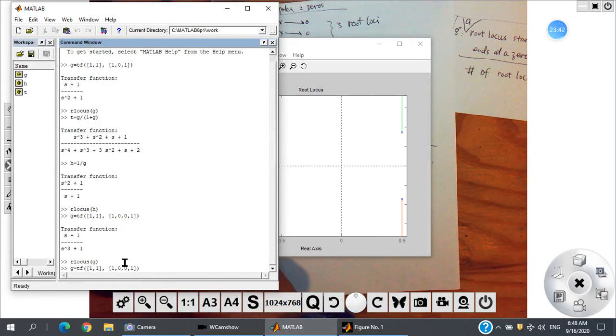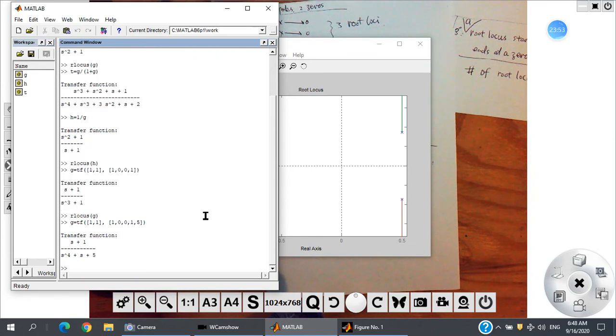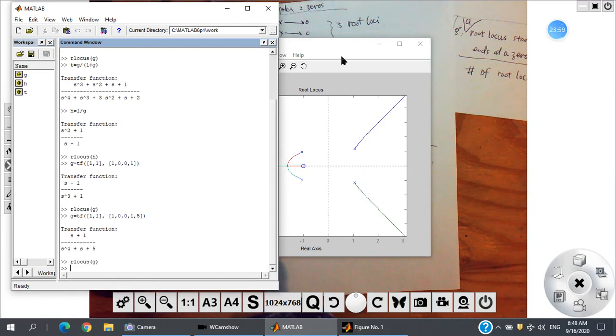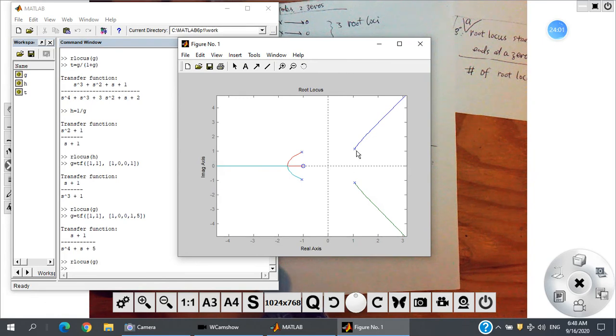Now I add one more. The order of the denominator changes, so I have 4. The order of the denominator is 4, so I have 4 poles. It looks like this. I have 4 poles, these crosses, and one locus will go to this circle, right?